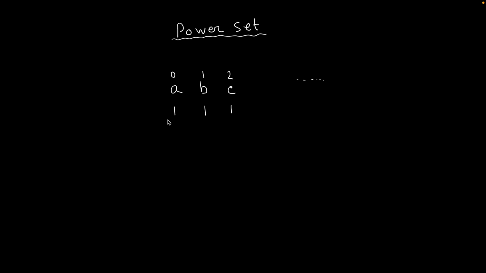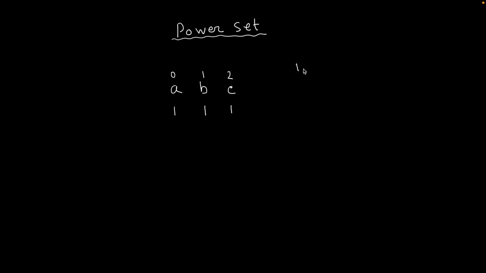We are dealing with just the right 3 bits, and we have more bits on the left. Just for demonstration purposes, I'm not going to show all the bits on the left. So here we have 1, here we have 1, and here we have 1.